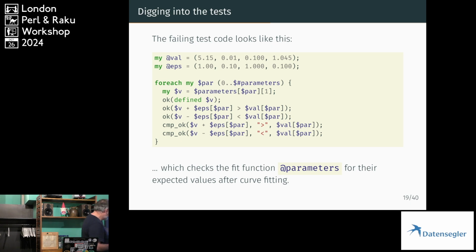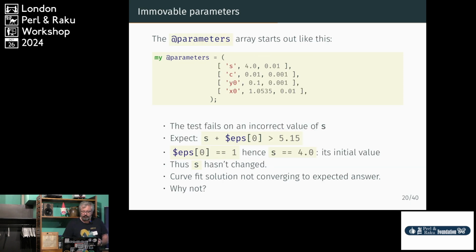And then we feed the parameters array. These are the parameters, if you remember from the beginning, that are being passed into the curve fitting function. And then it goes through each of them and makes sure, are they within the relevant values? Okay, so looking a little bit deeper into the code, we find that, okay, here's the parameters array in the test that's being used, and S is the first parameter that fails.